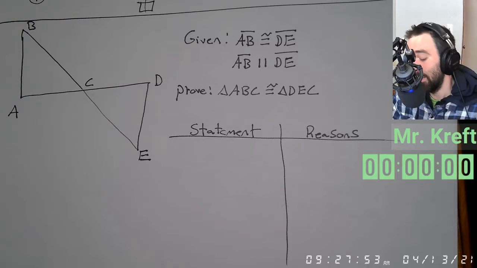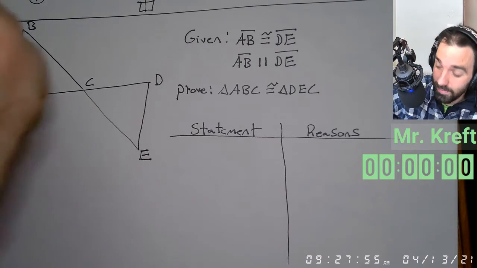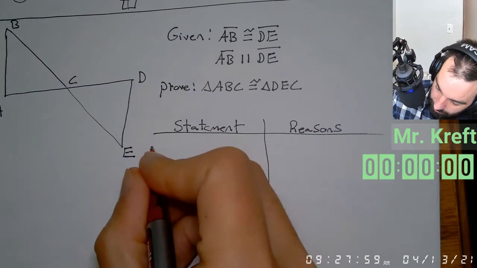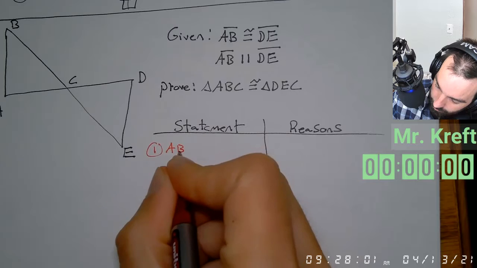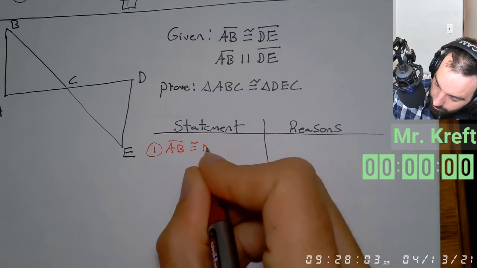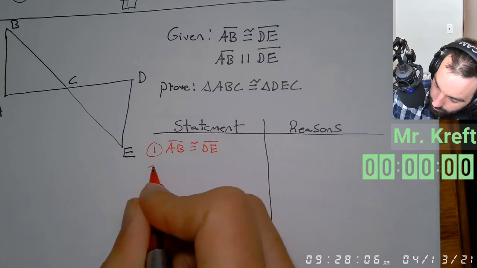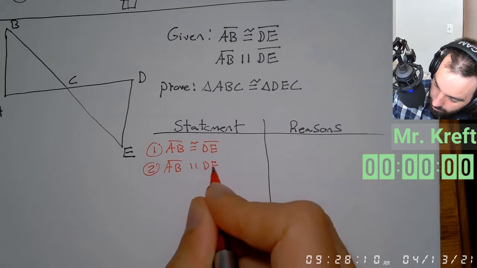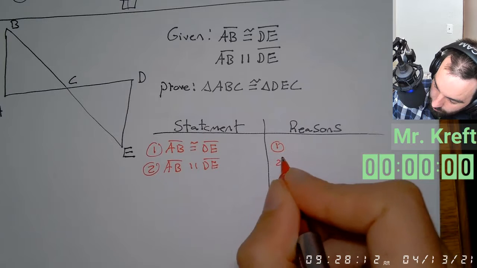All right, well, that was 3 minutes, so I'm going to go ahead and take a look at what we got. So like I said, the first thing I'm going to do is I'm going to write down my given. So I'm just writing down my 2 givens.